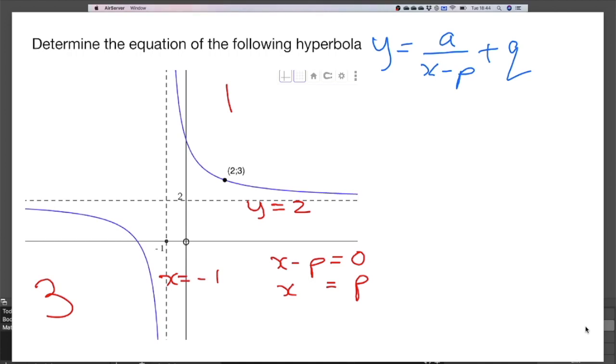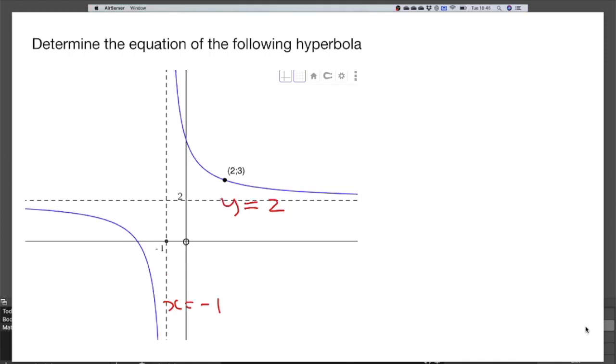But the graph is telling us that the asymptote is actually x is equal to -1. So what does that tell us about p? That shows us that p is equal to -1. What about the value of q? Remember, the horizontal asymptote is given by y is equal to q. But from our diagram, we know that the horizontal asymptote is y is equal to 2. This then means the value of q is equal to 2.